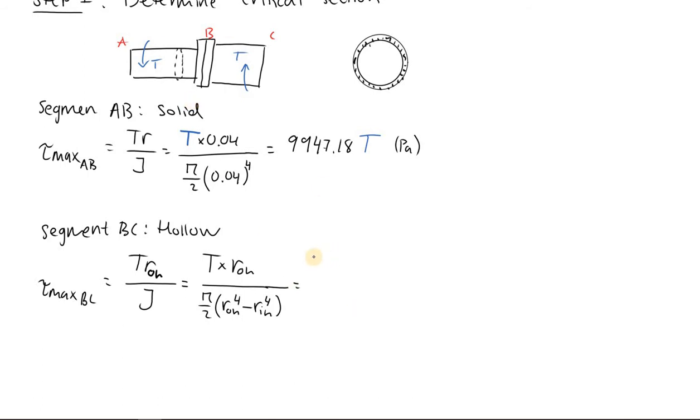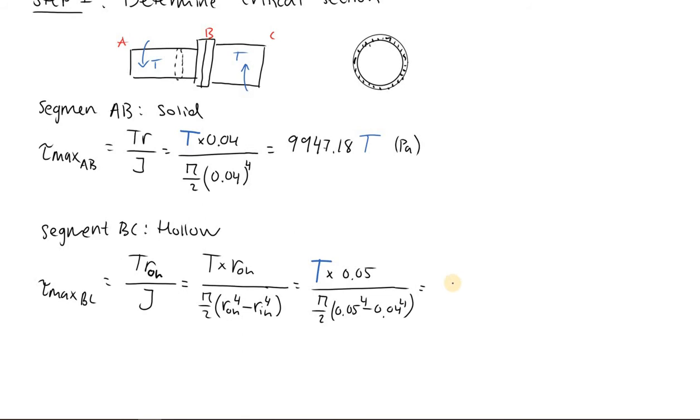I'm going to put my T as the unknown times 0.05 divided by pi on 2, 0.05 to the power of 4 minus 0.04 to the power of 4.